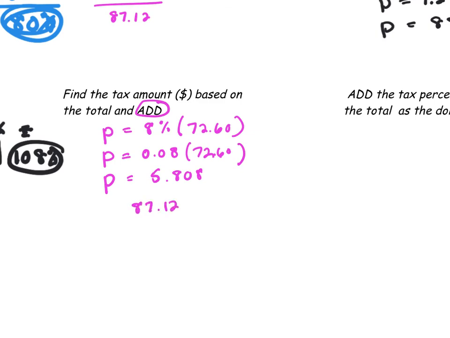Now, we have to add this on to our $87.12 because that's the amount including the tip. However, our tax is just based on the amount of service. So we're going to add 5.808. Notice I didn't round. Rounding is always the last step. And you can go ahead and add this.